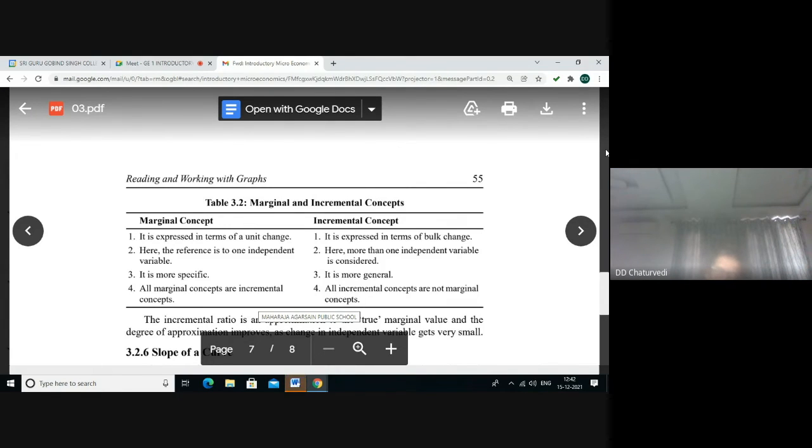In case of marginal concept, the reference is to one independent variable. But in the case of incremental concept, generally we have more than one independent variable. For example, if we are moving from traditional to modern technology, numerous changes may take place. So there will be more than one independent variable change.